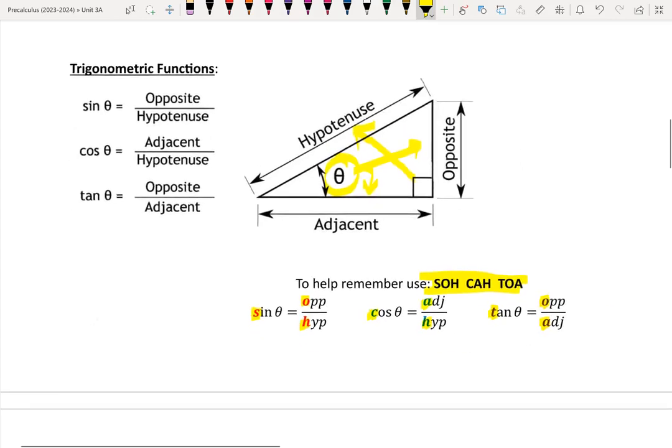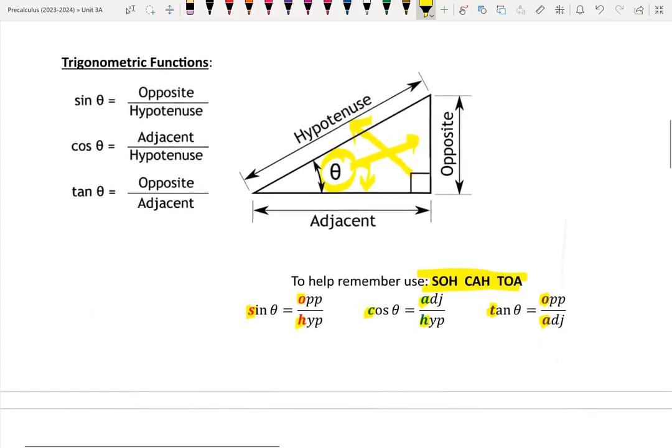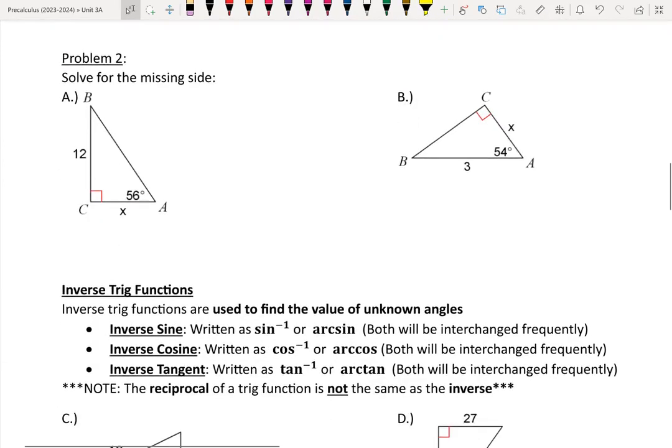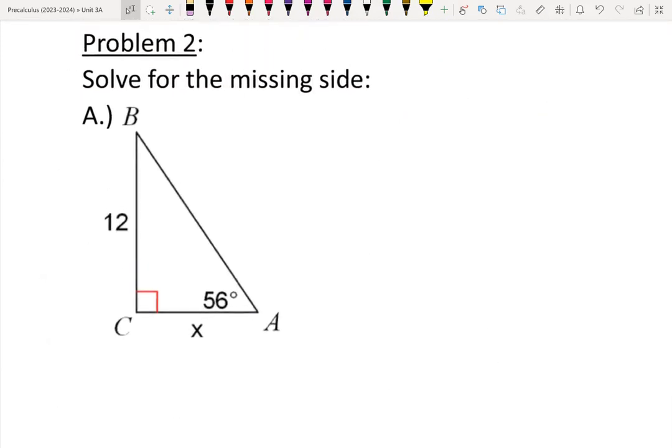All right. So let's go ahead and use that. We're going to do problem A here. So we like having our trig ratios because the Pythagorean theorem, as great as it is, requires us to know two of our side lengths already. But what if we don't know two side lengths already?